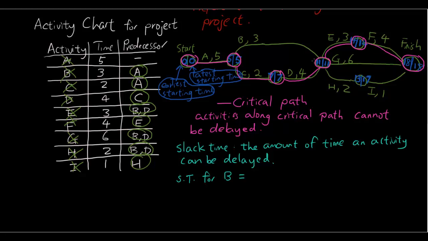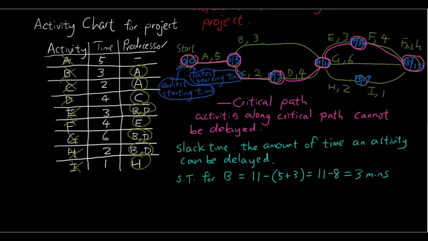So what that means is the slack time for activity B is 11 minus 5 plus 3, which is 11 minus 8, which is 3 minutes. Alright, slack time for B is 3 minutes.